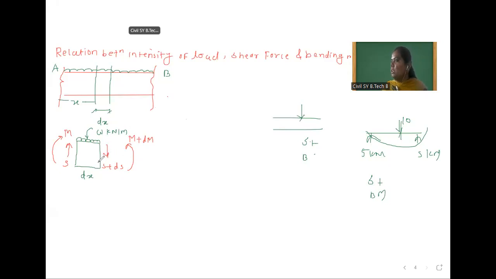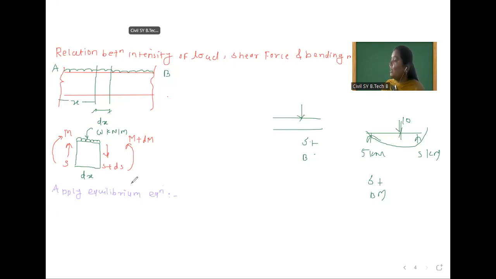Now this is our figure. Here we have to apply the equilibrium equations. How many equilibrium equations do you have? Summation of Fv and summation of moment.